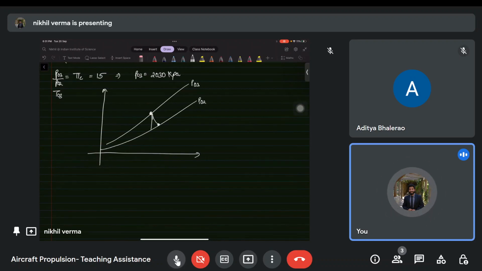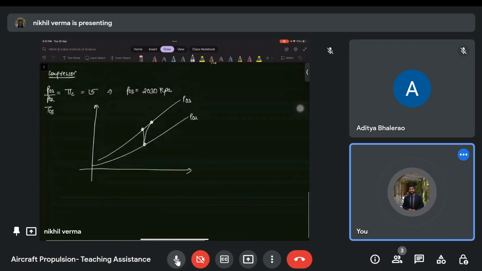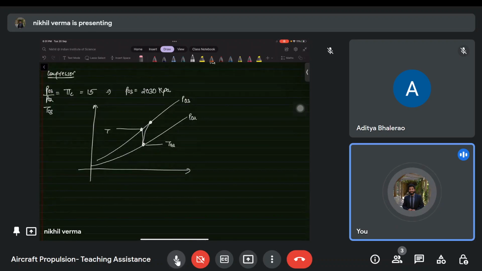We have to find T naught 3. On the temperature axis, this corresponds to T naught 2, this is T naught 3 dash, and this is T naught 3.